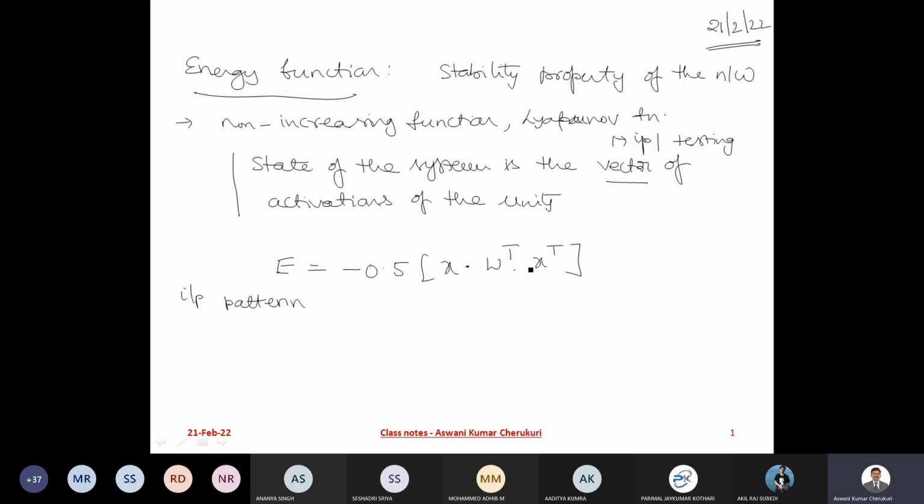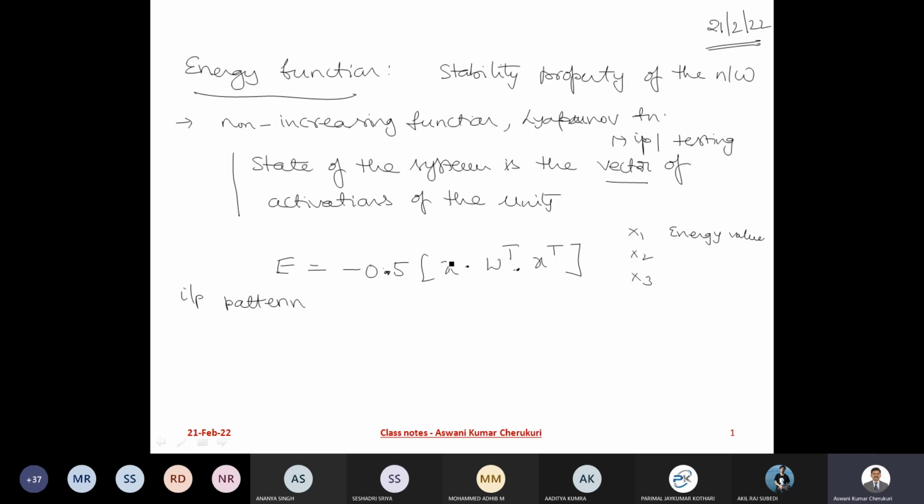Take an example: you have X1, X2, X3 and so on. For every input pattern we calculate the energy value: the energy value of X1, of X2, of X3. How do you calculate it? Energy is equal to minus 0.5 times x W transpose.